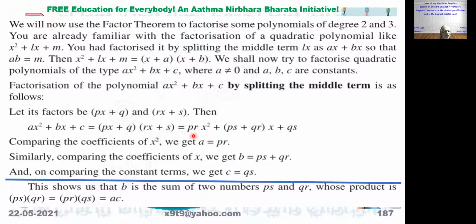So that is what is written here. It is pr into x square plus (ps plus qr) into x plus qs. Comparing the coefficients, we get b is equal to ps plus qr and c is equal to qs.